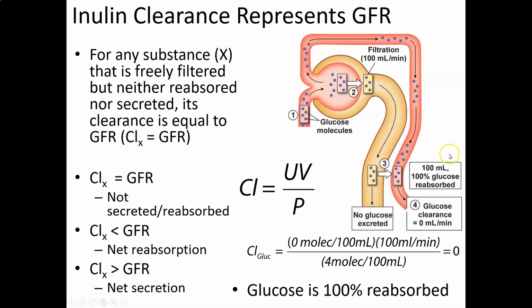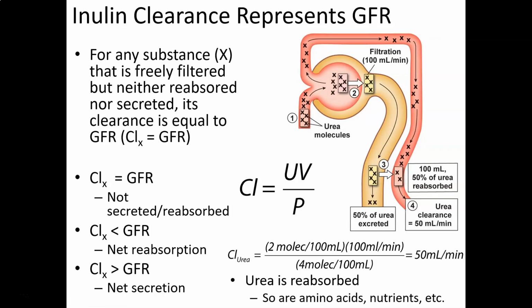Times 100 mils per minute, that's how much glucose is reabsorbed, divided by the 4 molecules per minute, and that would give me 0. Since the clearance of glucose is less than GFR, it tells me glucose is reabsorbed. In this case, since there's no glucose, it means it was completely reabsorbed. And again, that would be a normal circumstance that we would see in the vast majority of people.